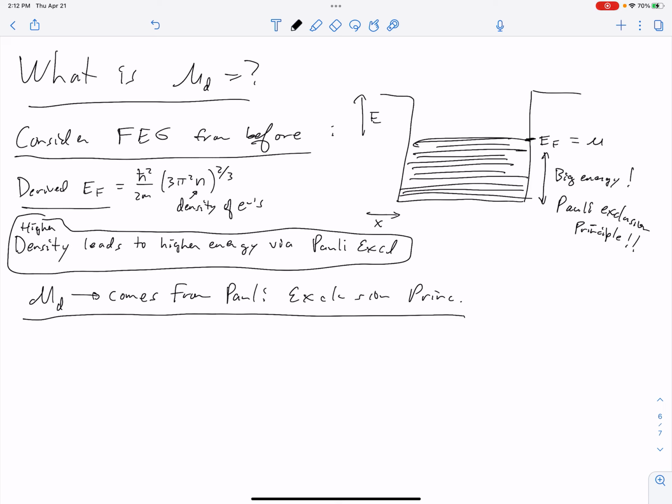We say, in the absence of any external charge, then we have the initial state, sort of the zeroth order, the unperturbed state.